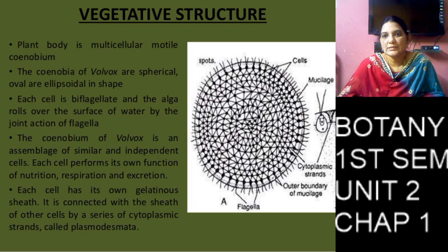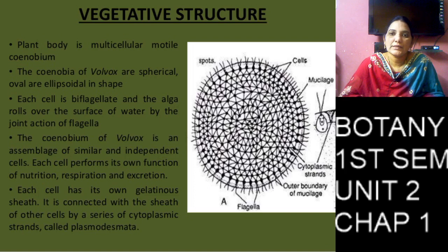I already told in the general characters of algae. Cenobium means a constant colonial form of algae, where a group of cells forms one single structure, that is called a colonial form.